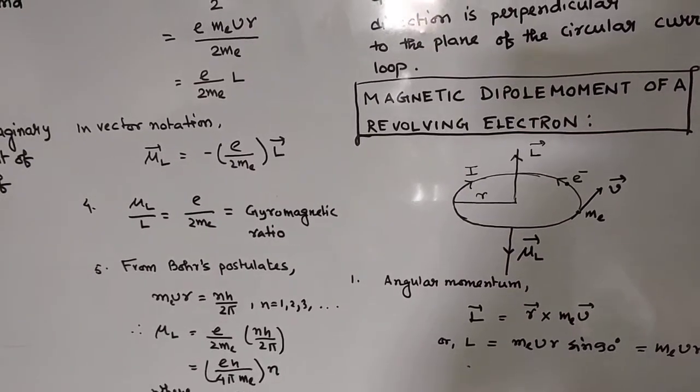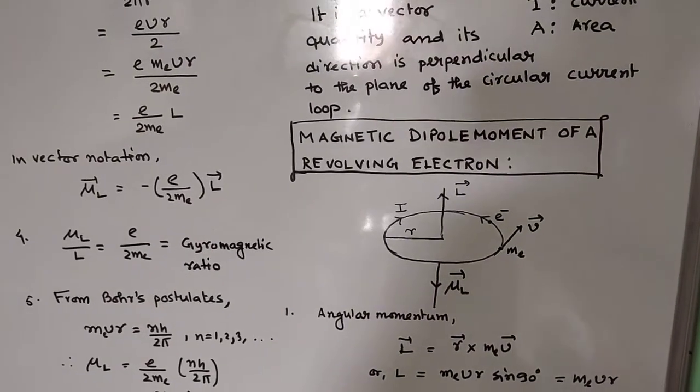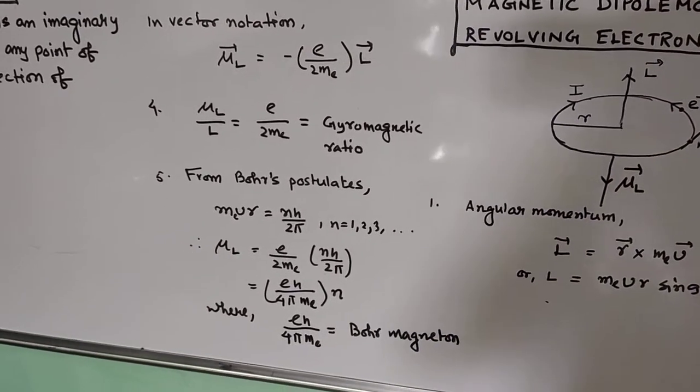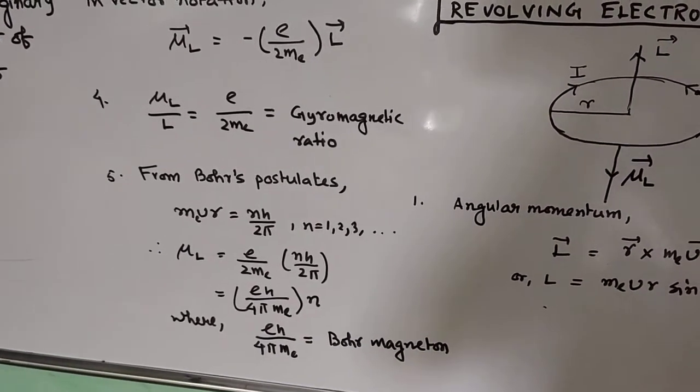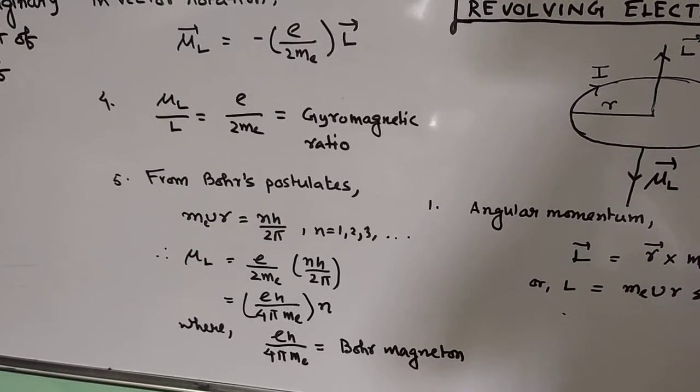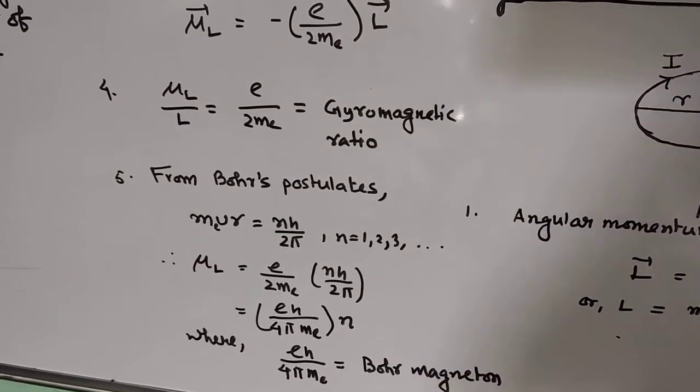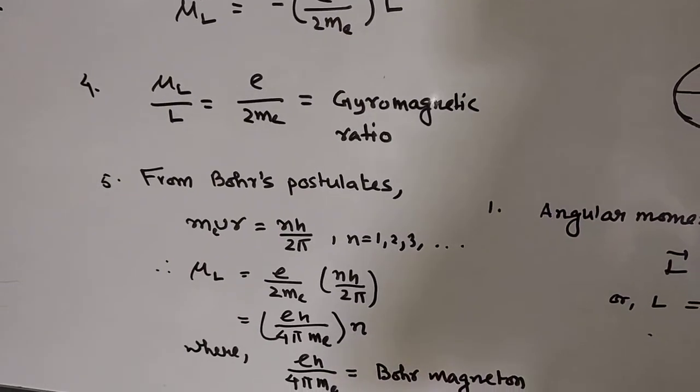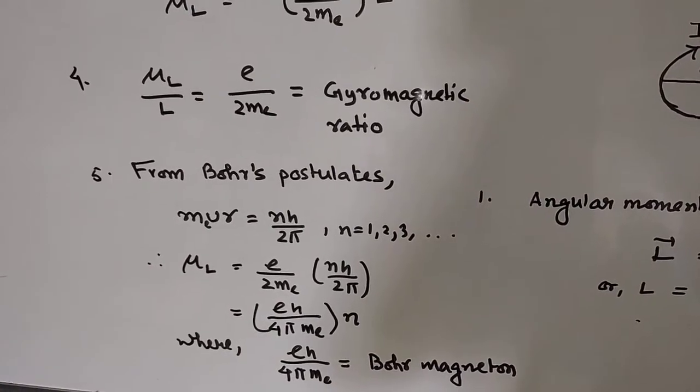Now number 5 is this one. From Bohr's postulates, that is the second postulate, I think most of you know, angular momentum is an integral multiple of h by 2 pi.